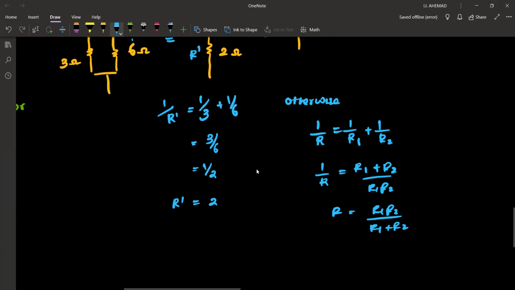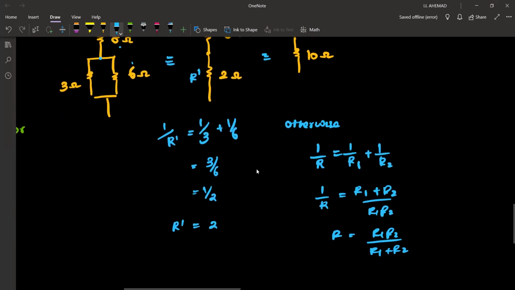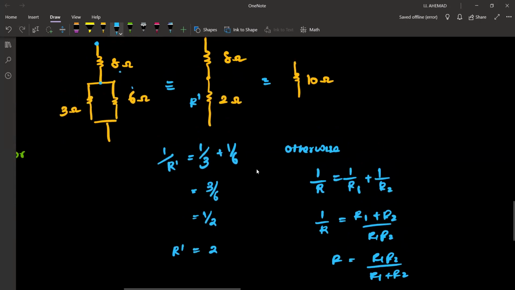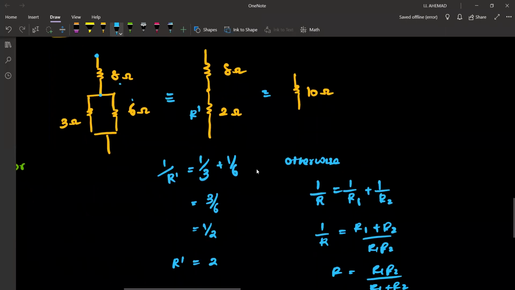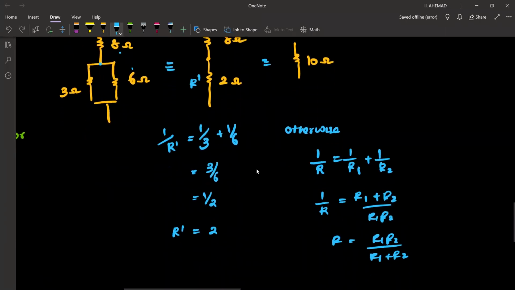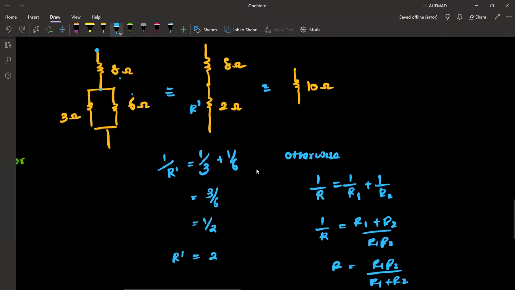Using this equation also you can find the answer by mind. So you get the product over sum. The product is 18, sum is 9, therefore 18 over 9, that is 2. This equation also will be helpful. Noted.